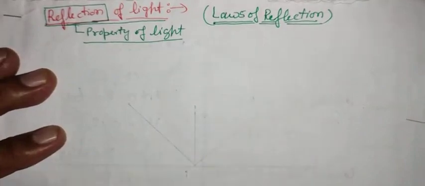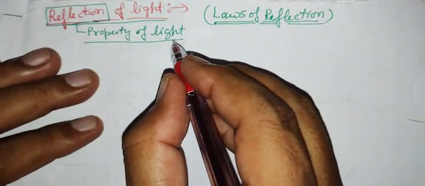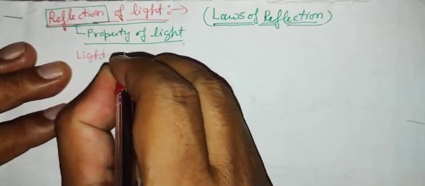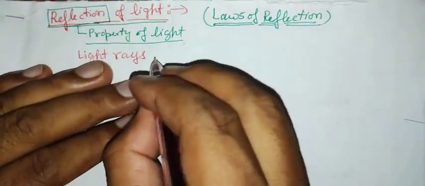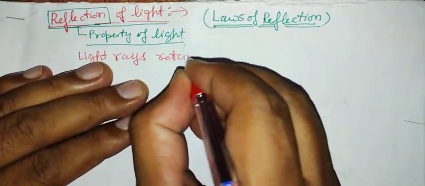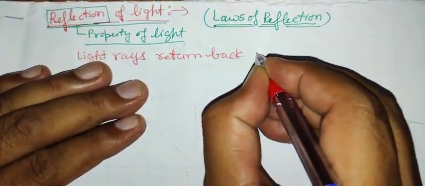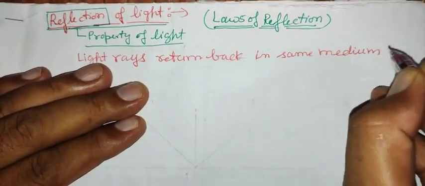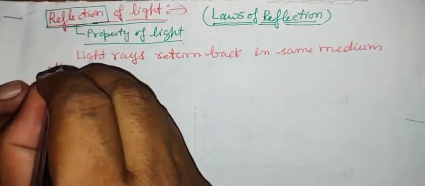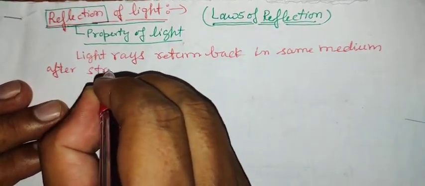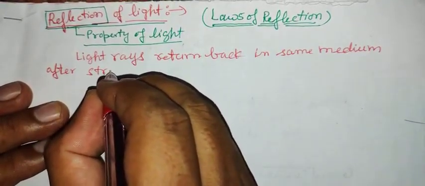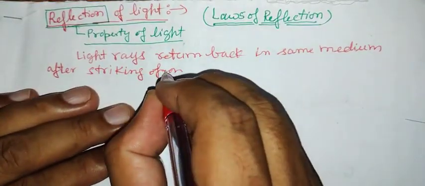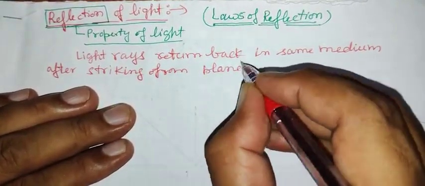In this property of light, rays return back in the same medium after striking from a plane surface.